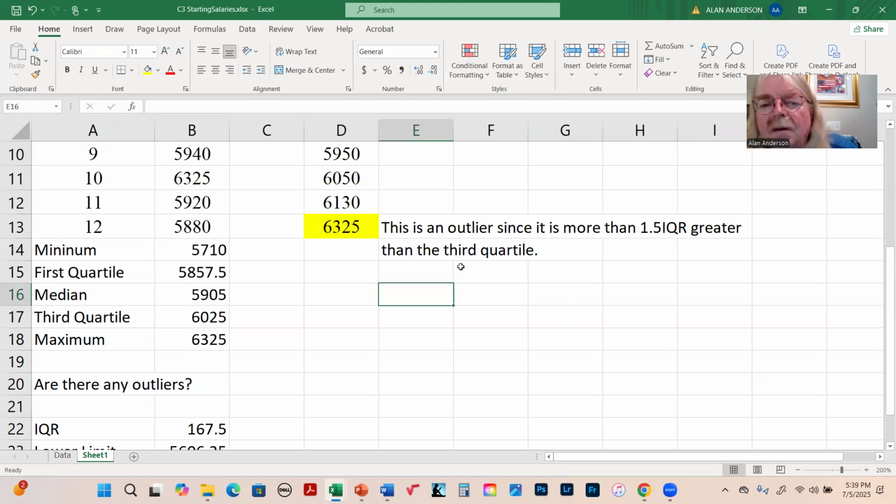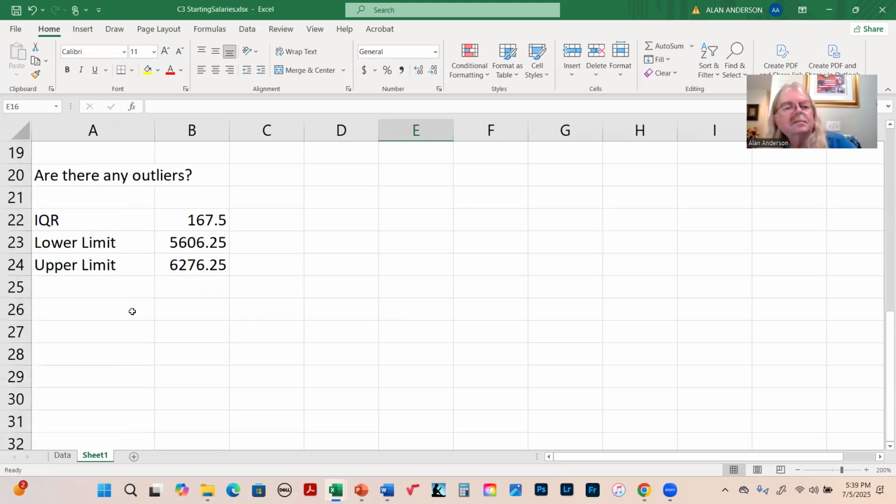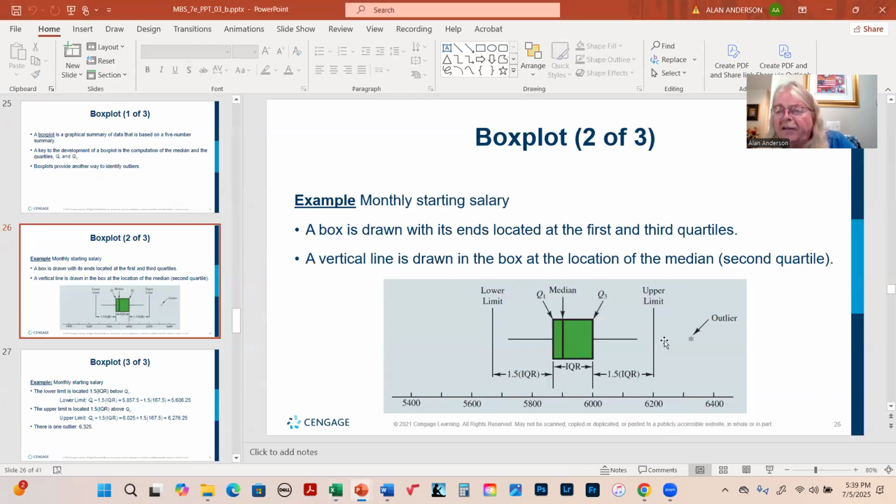Okay, so we do have one. That means somebody's getting paid very, very well compared to everyone else, and this graph is meant to represent that. Like I said, I don't think they'll ask you to deal with this in MindTap because I don't believe Excel has the capability of drawing this thing.